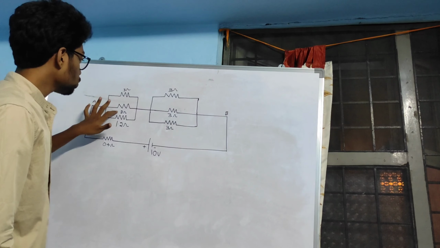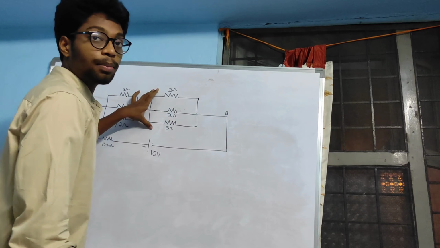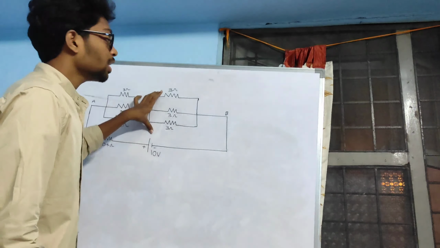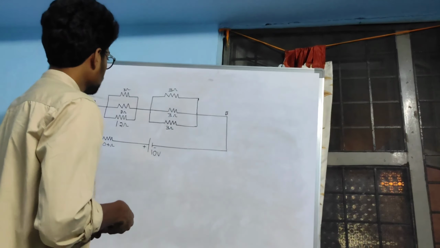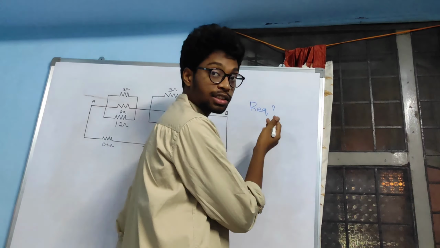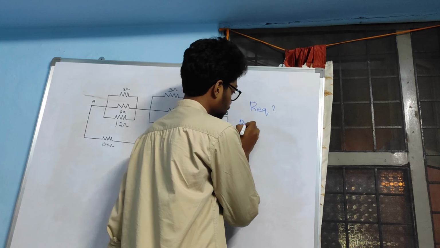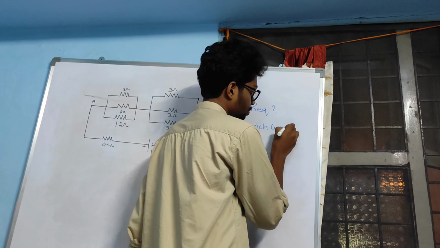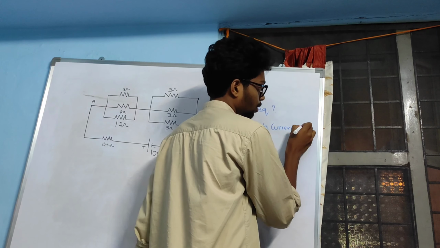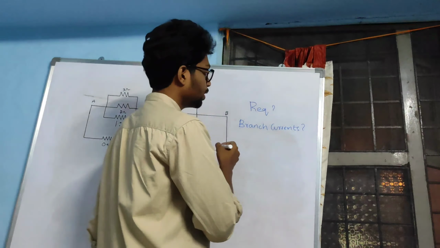And here you can also see a parallel combination of 3 resistances, each of 3 ohms. For this question we have to find the equivalent resistance, branch currents, and the total current.